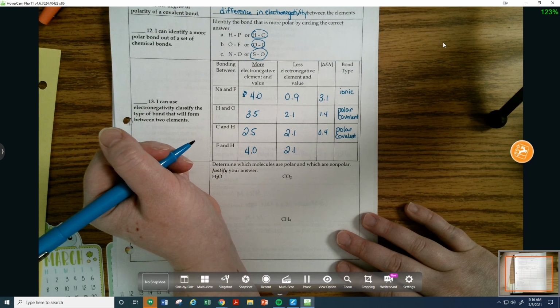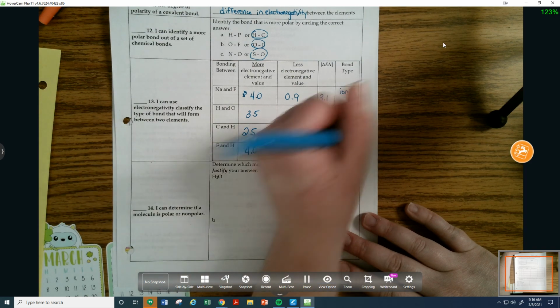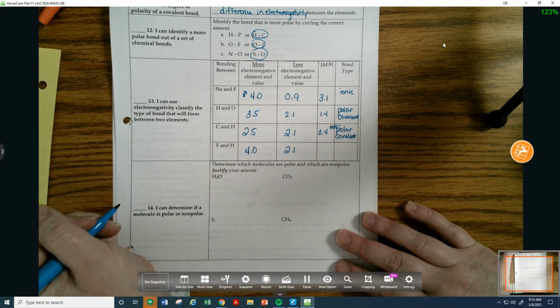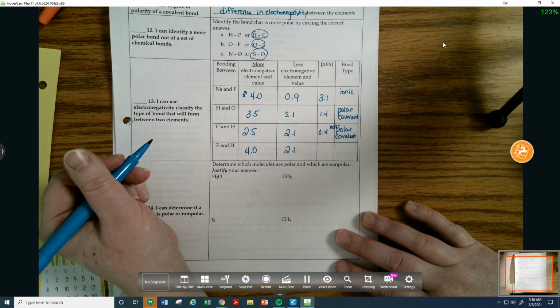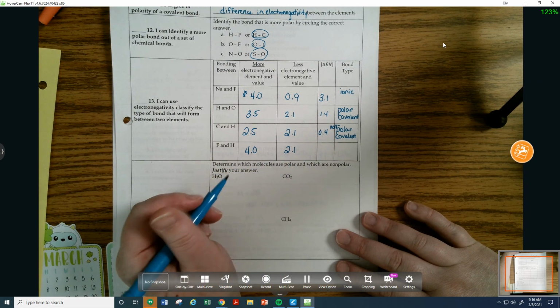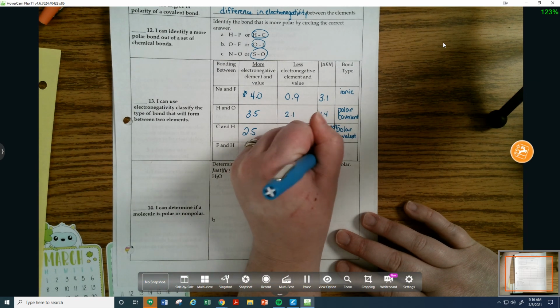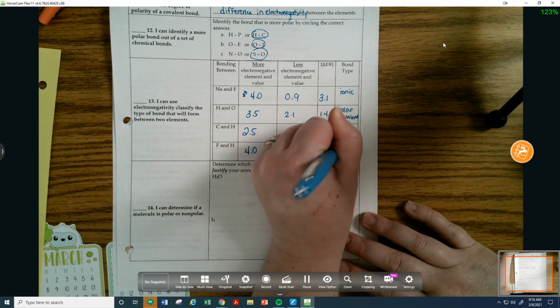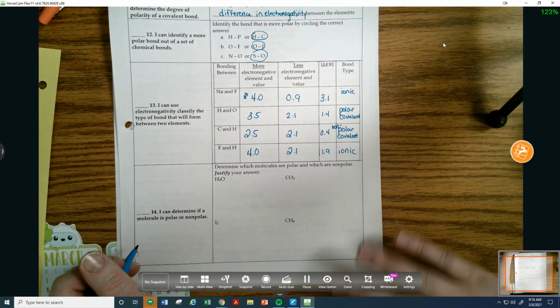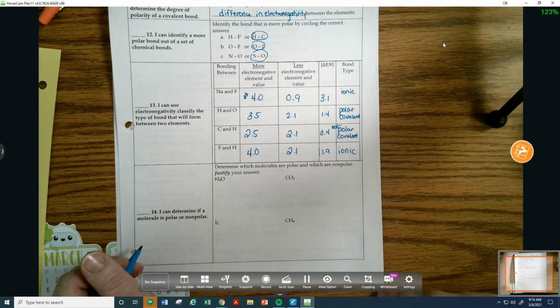So 4.0 minus 2.1, we have 1.9, and that's definitely going to be ionic as well. So we have a mix of all three types. Just review that table, and again, you can go back to the notes on polarity.